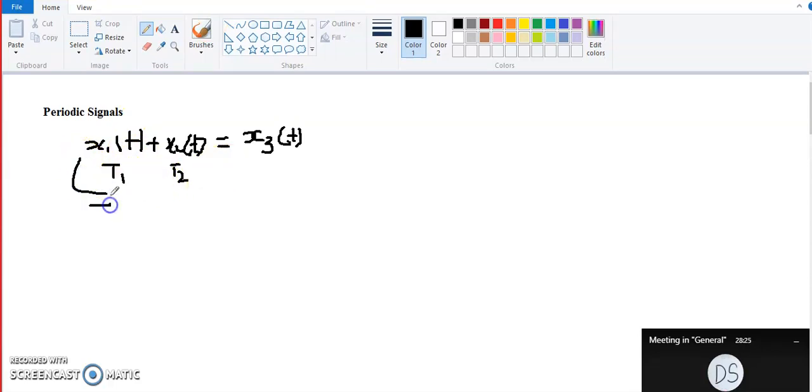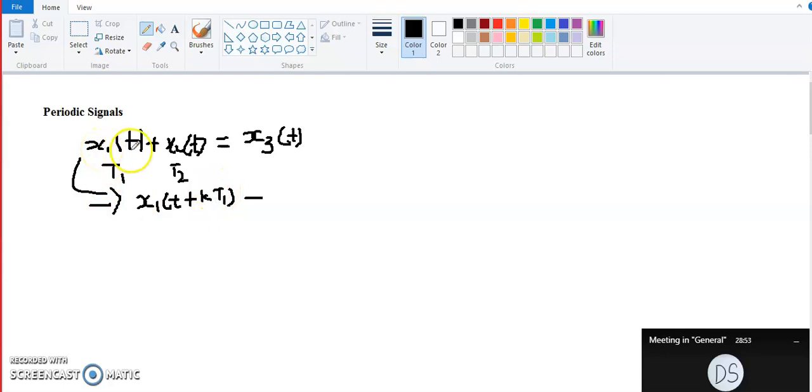If it is a periodic signal, then we can say that x1(t) will be equal to x1(t + kT1). Agree? These two will be equal because it is periodic and the time period is T1.